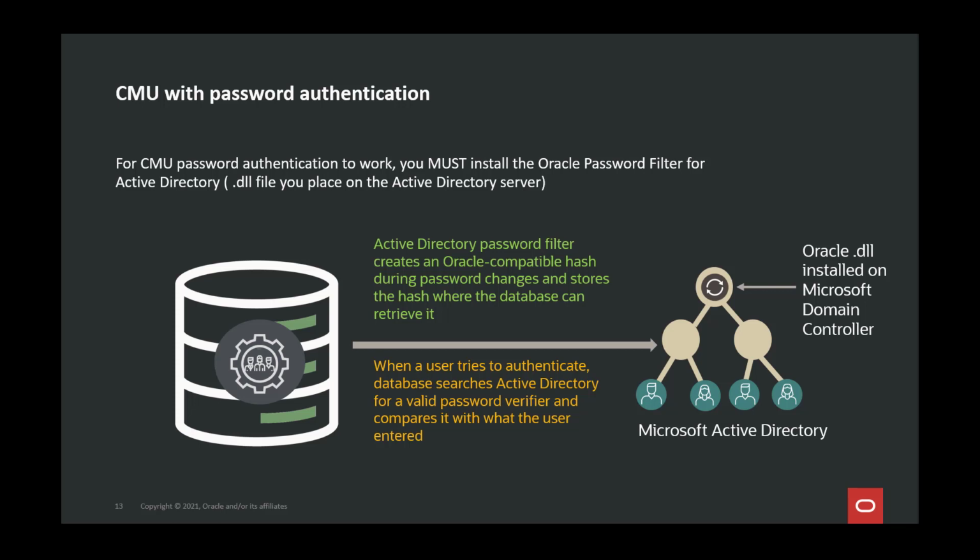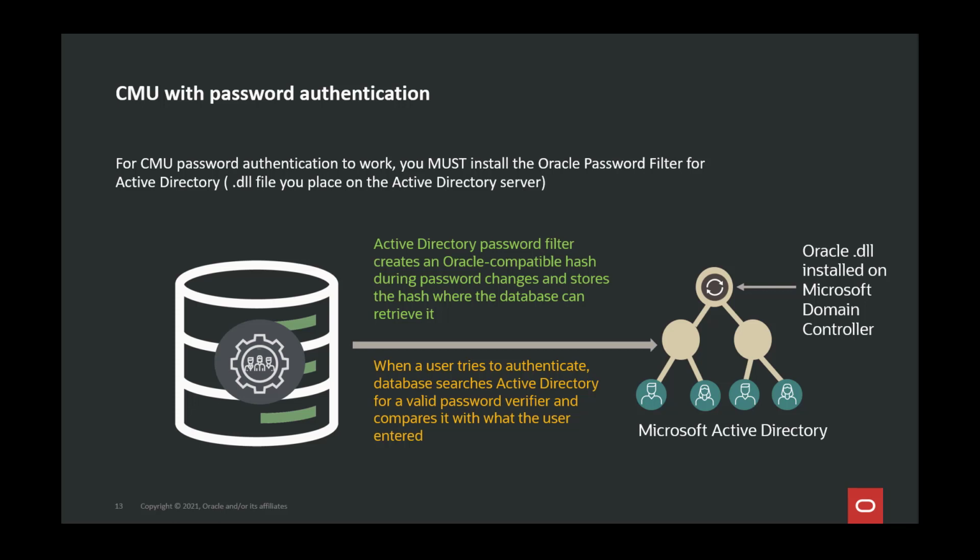Then when a user tries to authenticate, the user's session will connect to the database, present their credentials, the database will go out to Active Directory, retrieve the appropriate hash, and compare the hash it retrieved from Active Directory with the hash that was presented from the user.